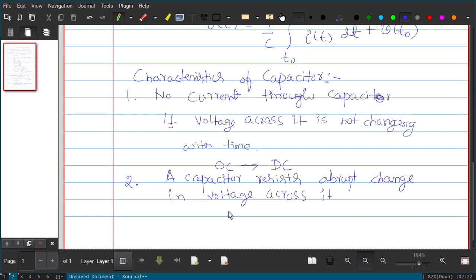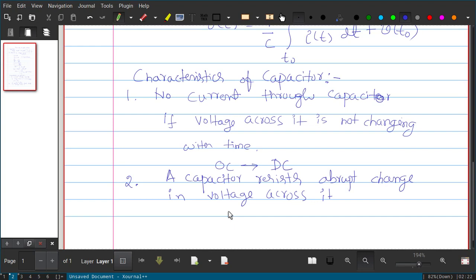But if you consider a capacitor, initially it was 5 volt, and suddenly you change the battery to 6 volt, it will not change instantaneously. It will take a certain amount of time. Ideally speaking, it takes infinite time to reach from 5 volt to 6 volt. But in practical cases, we will see later, after 5 time constants, it will reach the maximum value. We will discuss that later.